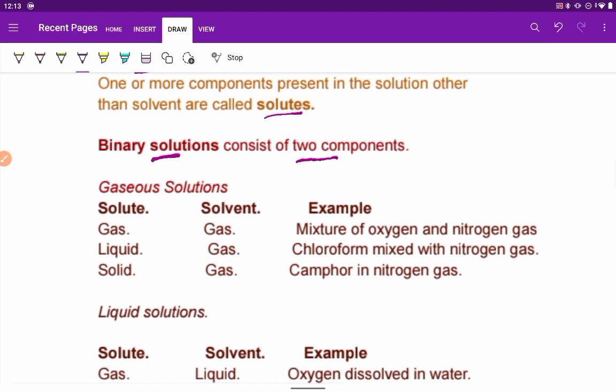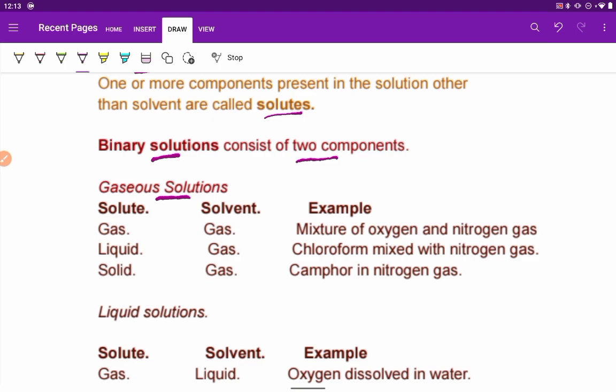Now we will see gaseous solutions, liquid solutions and solid solutions, and we will see how their solute and solvent vary. First, in case of gaseous solutions, the solvent will always be gas. The solutes vary.